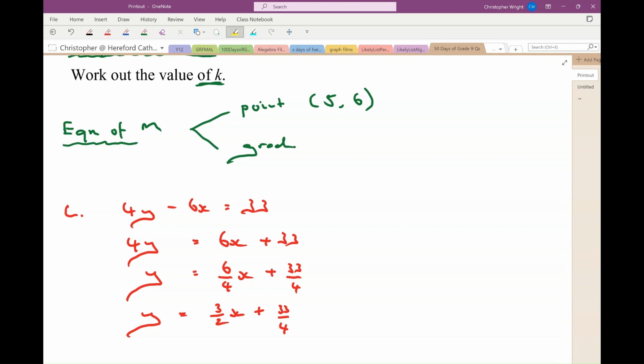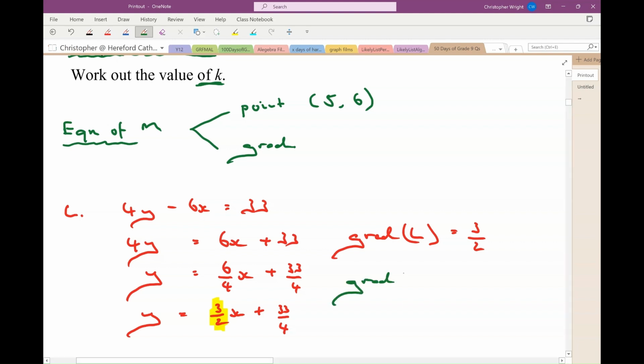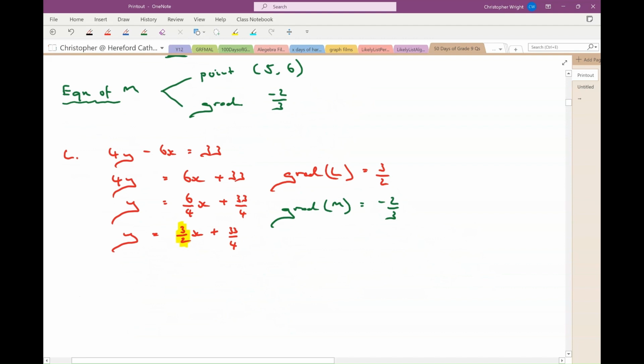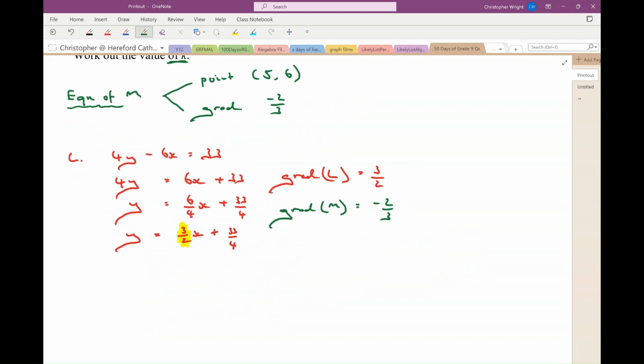So the gradient of L is 3 over 2. So the gradient of M, if M is perpendicular to L, will be the negative reciprocal: minus 2/3. So I do know the gradient of M, and I do know a point on the line M. So now I can work out the equation of M.